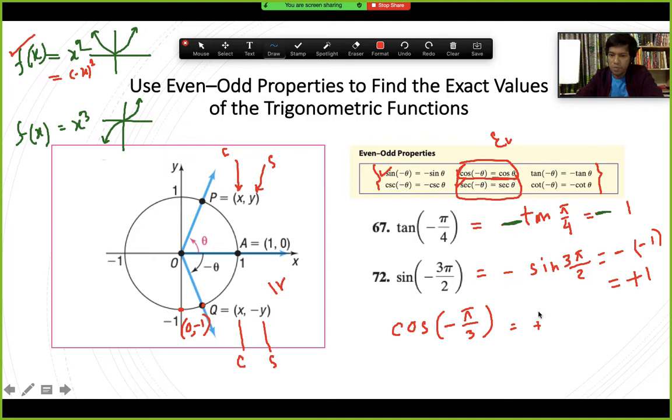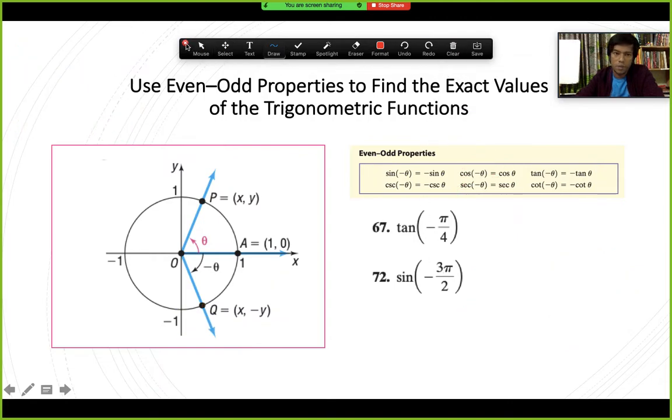We first make it positive, then it is simply cos pi by 3, which is cos 60 degrees, which means 1 by 2. That is the solution. Even odd properties help us to eliminate this negative sign within the angle. This is how they help us.